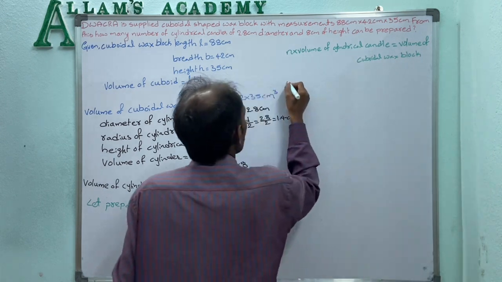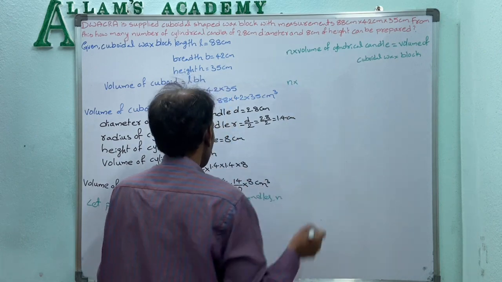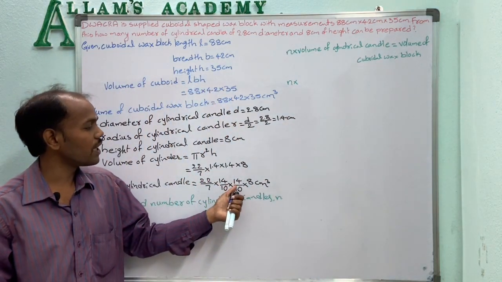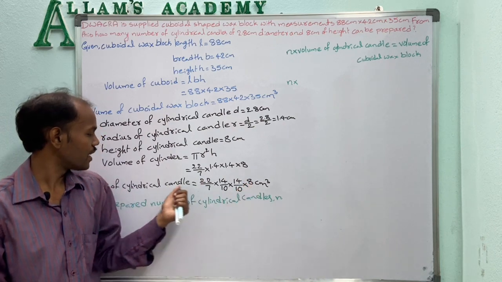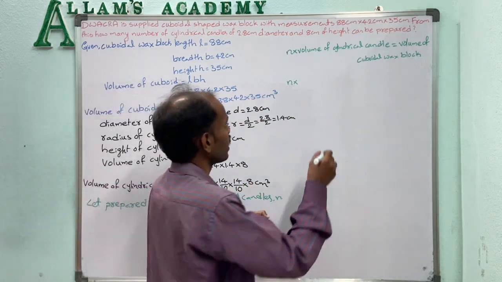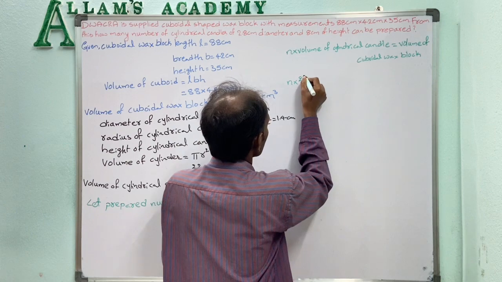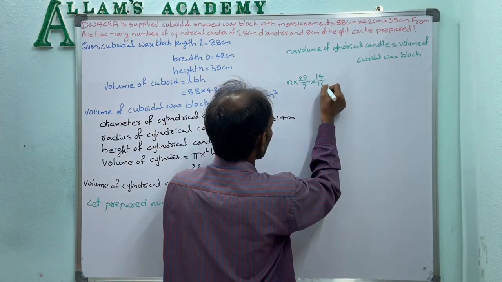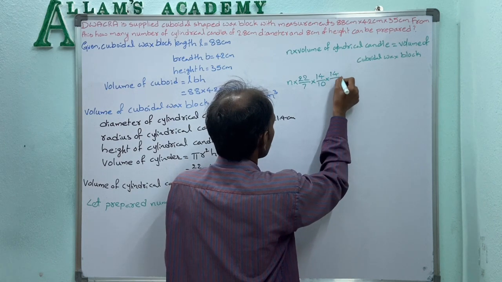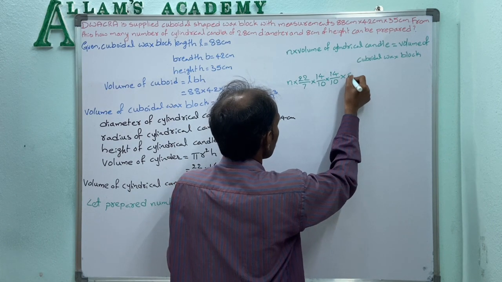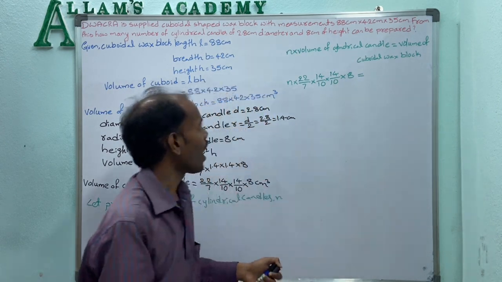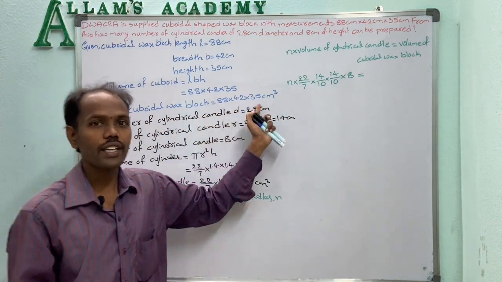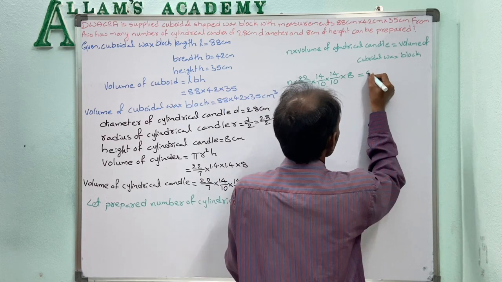So n into 22 by 7 into 14 by 10 into 14 by 10 into 8, that is a cylindrical candle volume, is equal to volume of cuboidal block, 88 into 42 into 35.